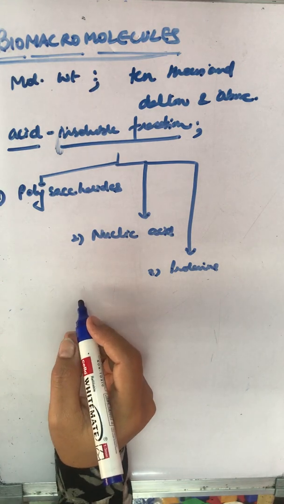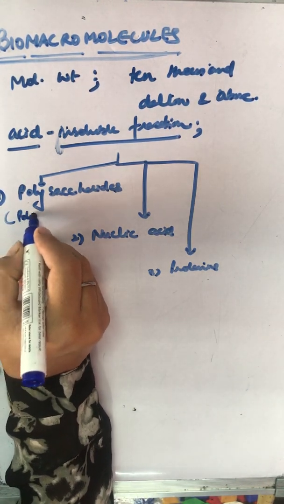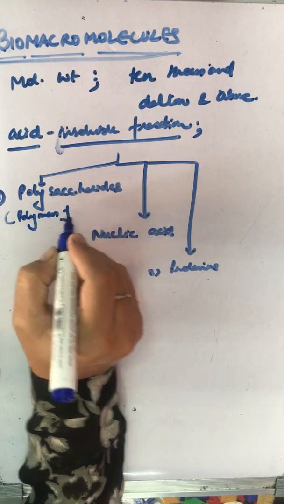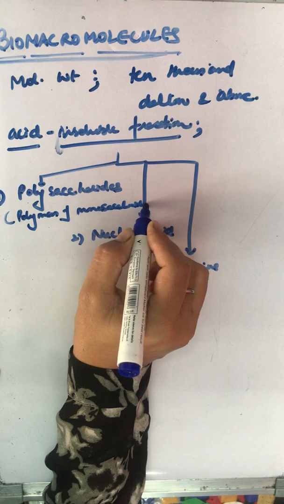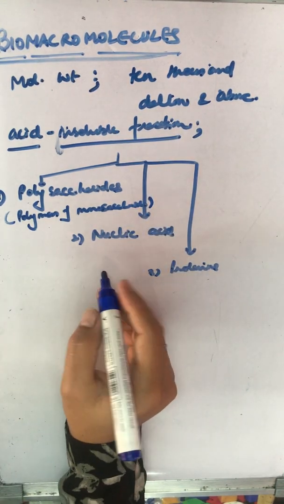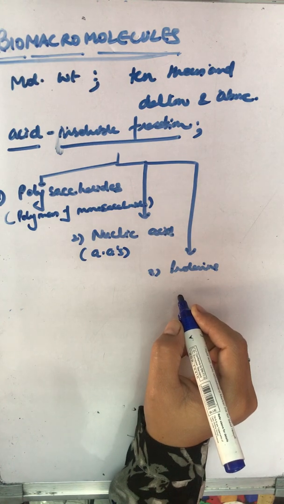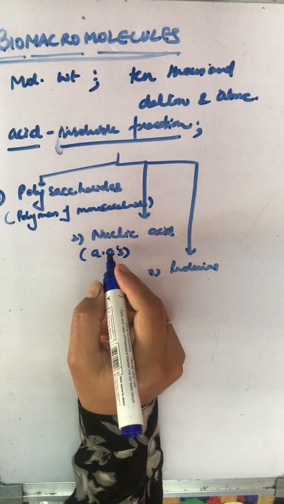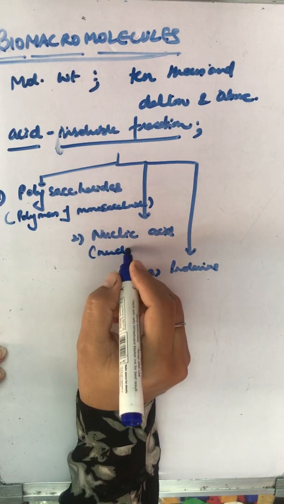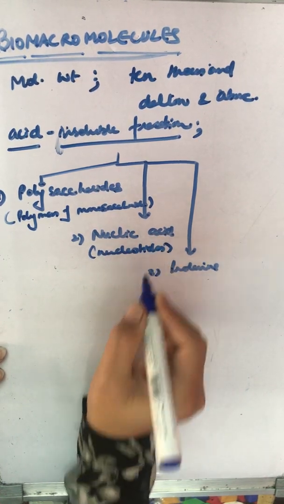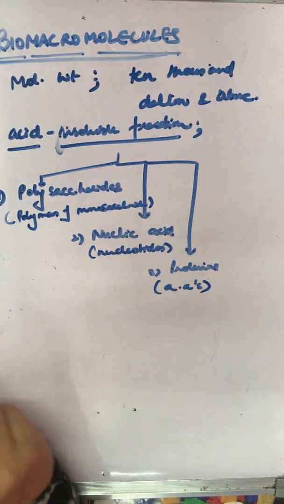What are these basically? Polysaccharides are polymers of monosaccharides. Nucleic acids are polymers of nucleotides. And proteins are polymers of amino acids.